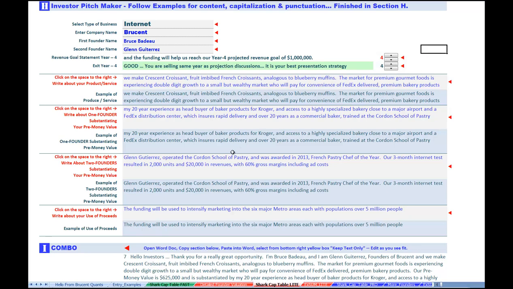Now, here's what we're doing. We have a whole series of statements that describe a business. You know, the example of product and service, example of a one founder substantiating the pre-money value, the example of two founders substantiating pre-money value, and the example of the use of the proceeds. We've given these as examples. You're going to go in here and copy them as best you can.